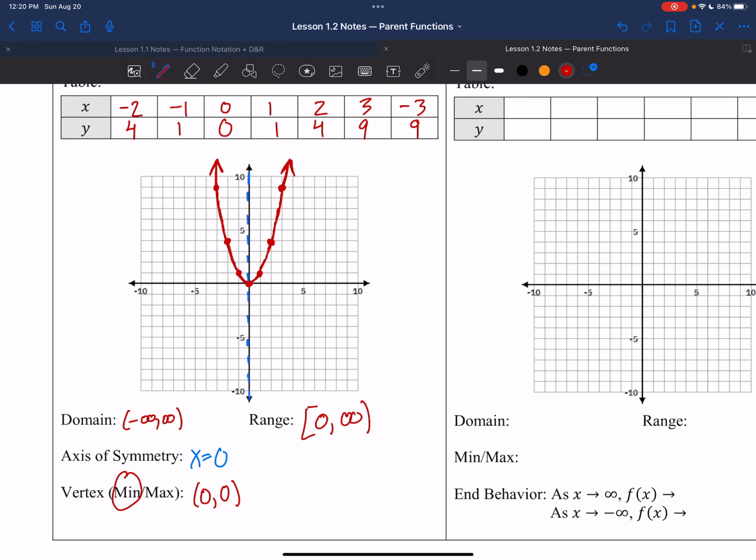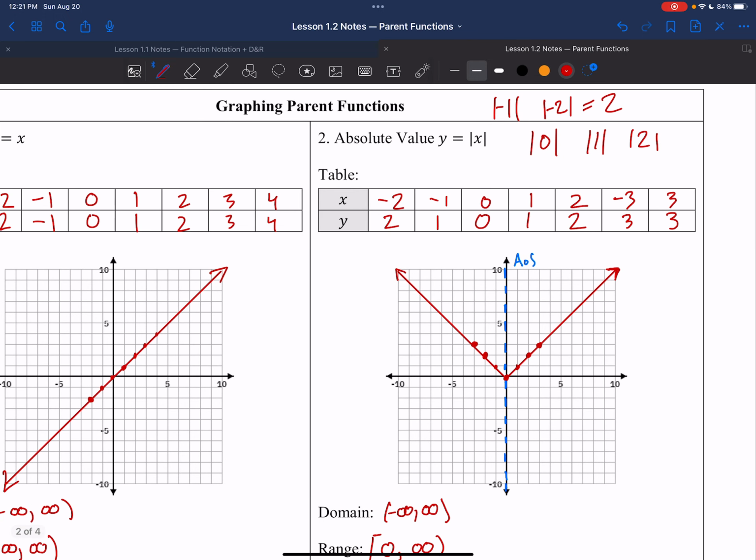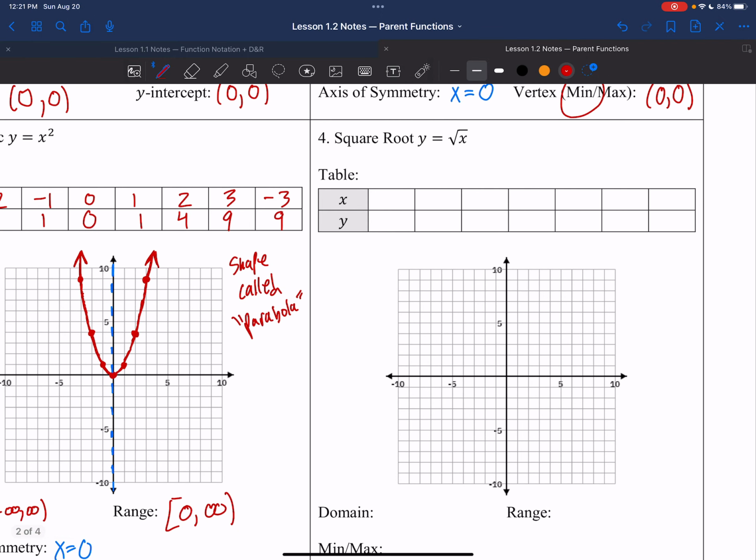And that is the parabola. Okay. Shape called parabola. Okay? And you'll notice it's a V shape here.